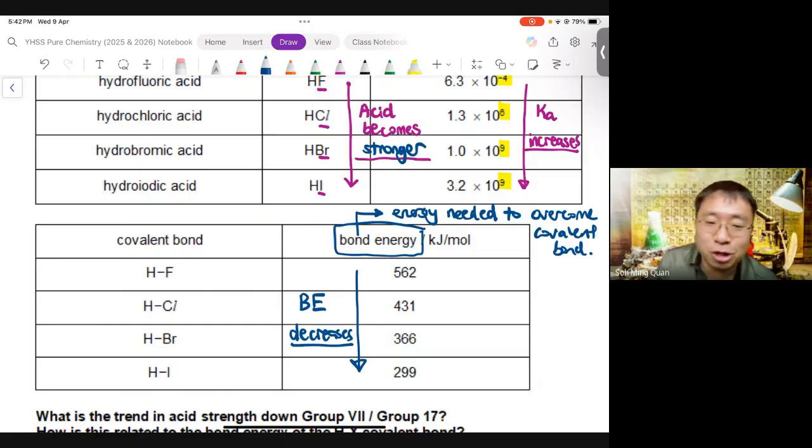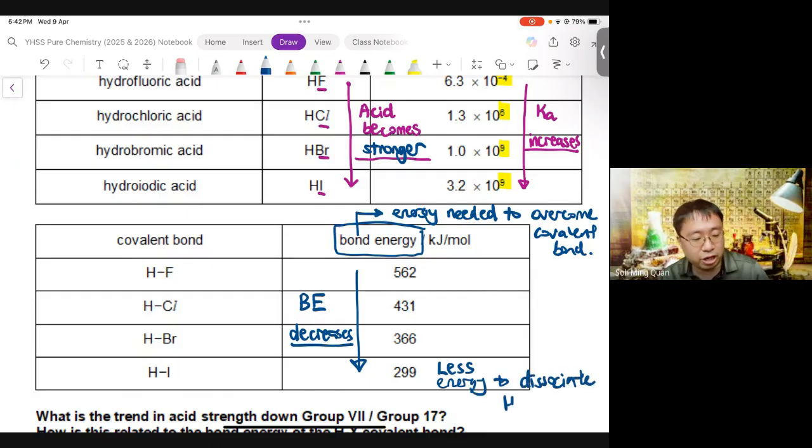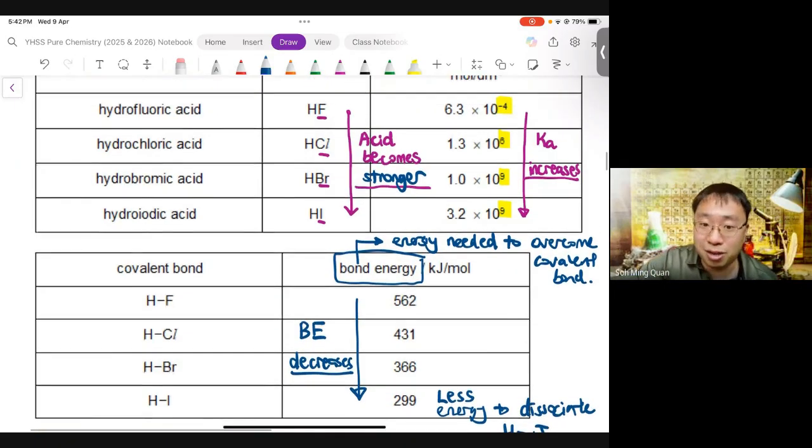right? So what does it mean? If bond energy decreases, you need less energy to dissociate or separate HI, right? To separate them, you need to overcome the covalent bond. Because you need less energy to dissociate H and I, it dissociates more readily, more completely.